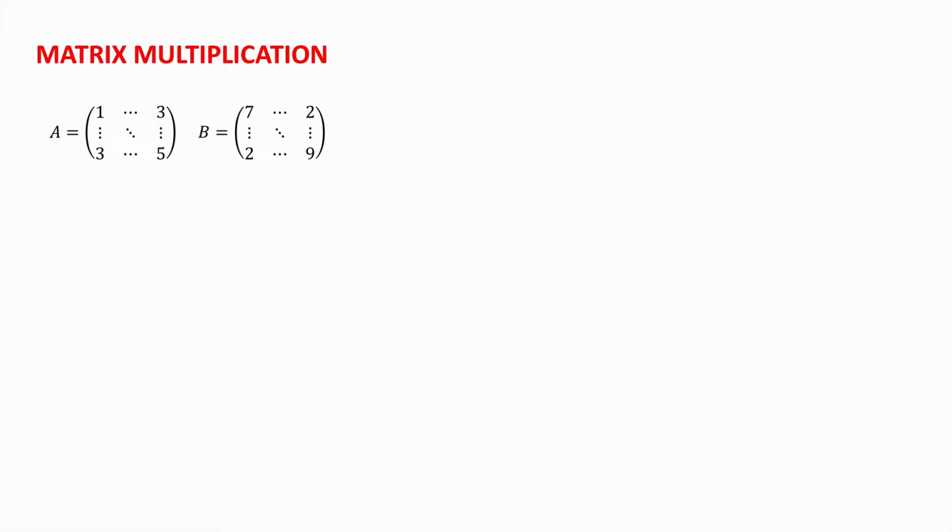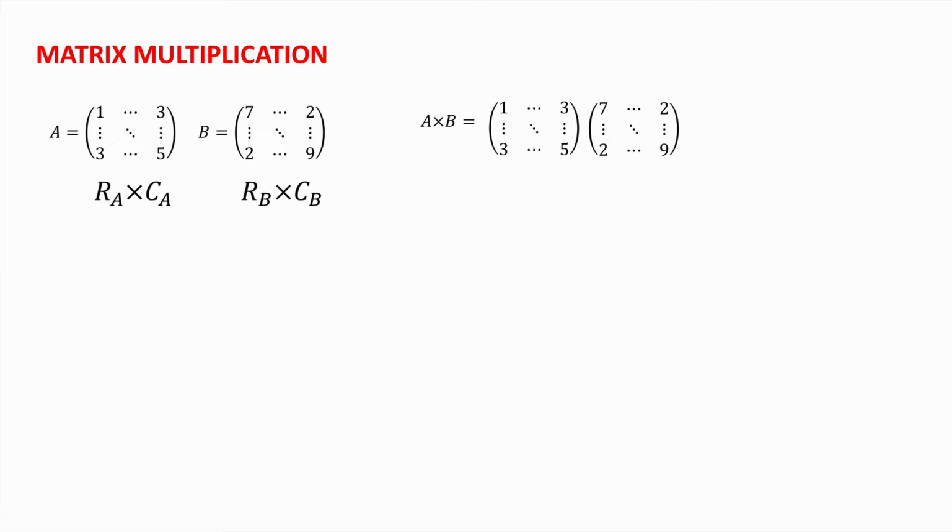Here I have two matrices, A and B, where the order of these matrices are RA by CA and RB by CB. And in order for these two matrices to multiply, the column of the first matrix must be equal to the row of the second matrix.